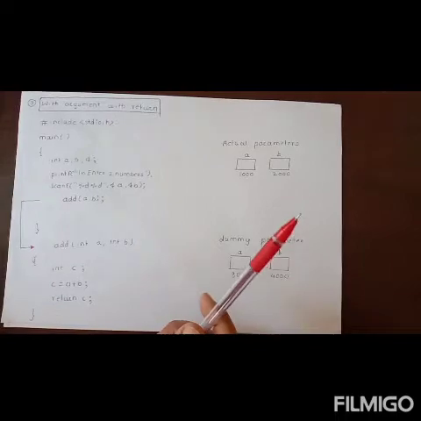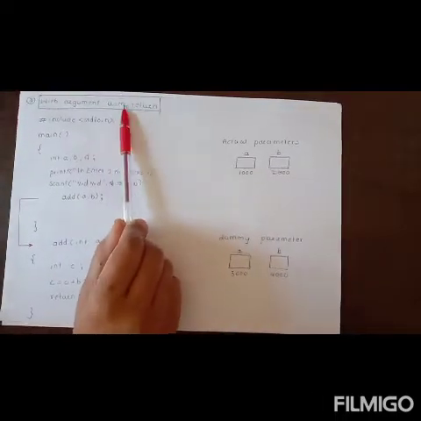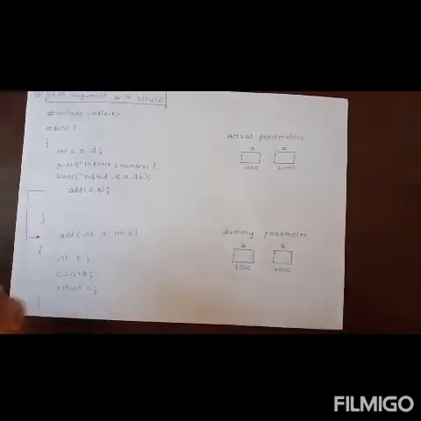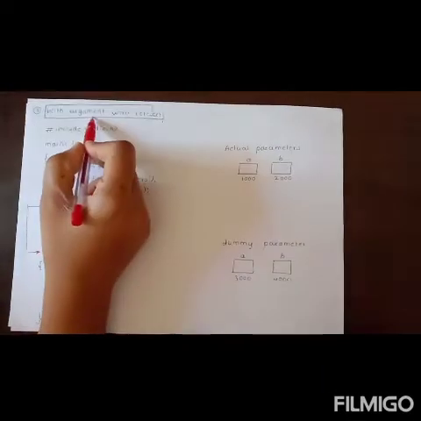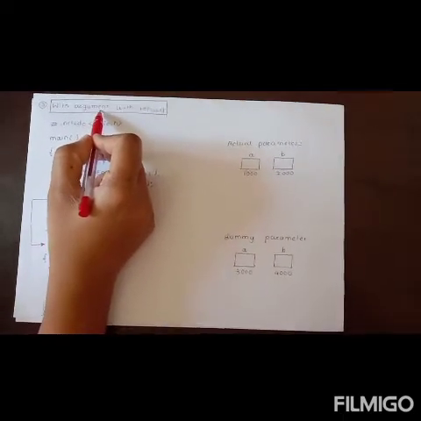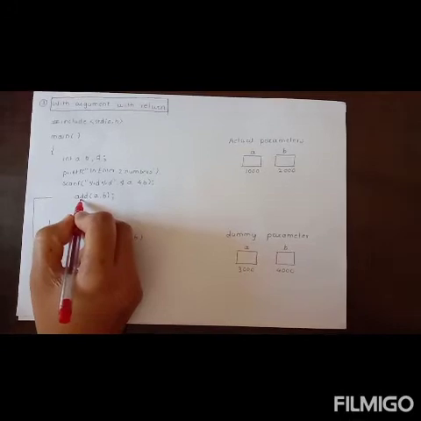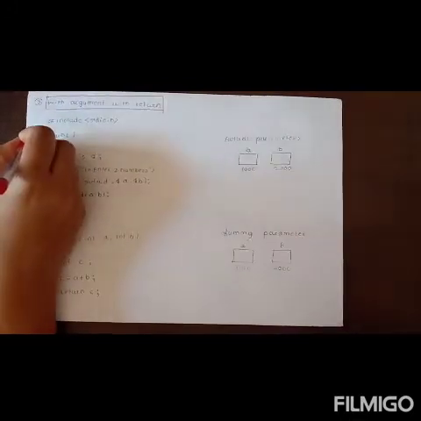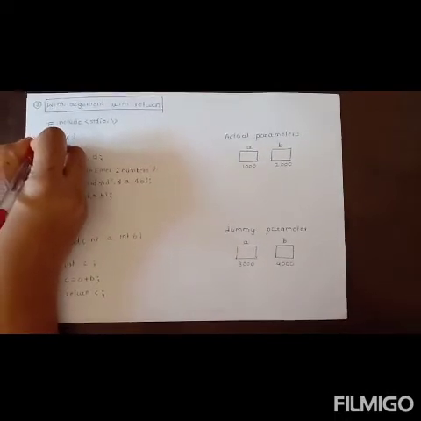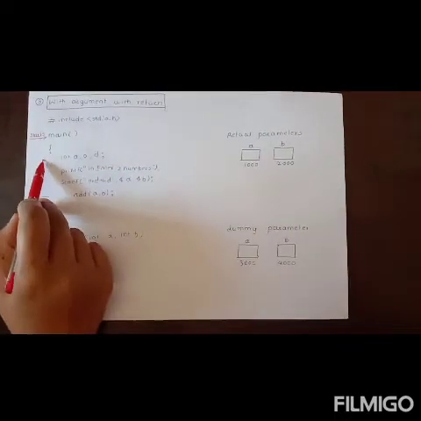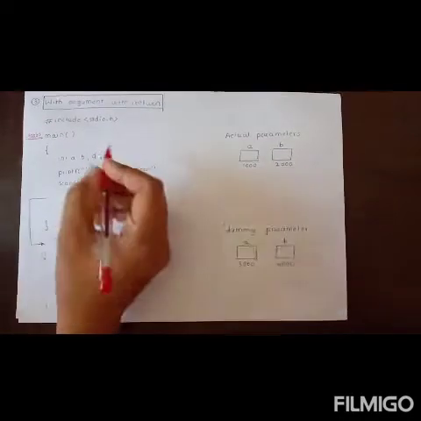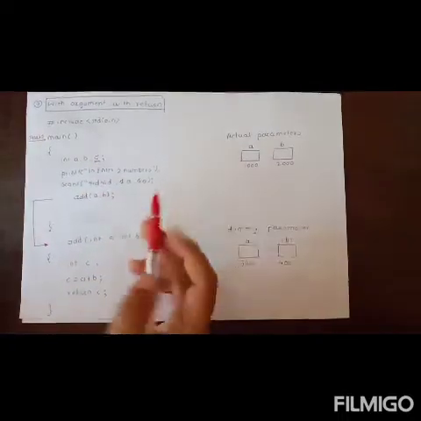Now the third category, with argument with return. As we all know, with argument means we are passing a list of parameters or variables with the function call. As we all know, the execution starts with your main function. In the first statement, we declare 3 variables, int a, b and d. I'll tell you why we declare d afterward.